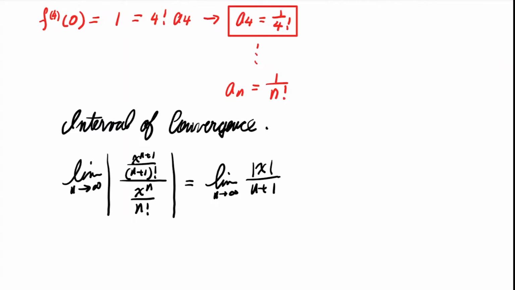So, whoa, which one wins this race? This is equal to 0 as long as x is not equal to infinity, right? If x is equal to infinity, then we have a problem, L'Hopital potentially, right? So what does that tell you about the interval of convergence? x not equal to infinity, you get it?